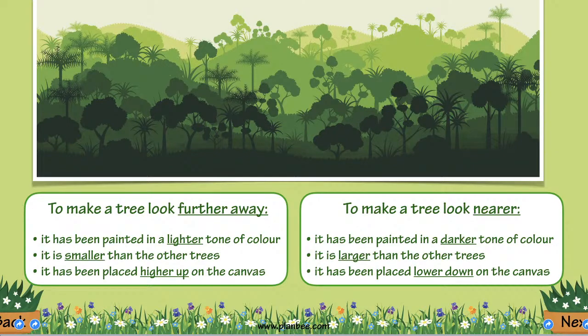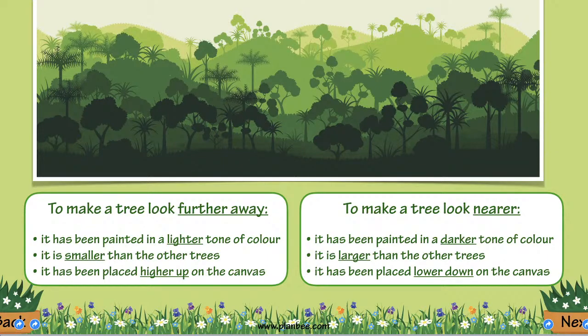So Nisha says that the smaller trees are further away and the bigger trees are closer. Yeah, that's right. So we've got dark trees at the front. So we've said here to make a tree look further away, it's smaller than the other trees and it has been placed higher up. To make the tree look nearer to you, it's been painted in a darker tone of colour.